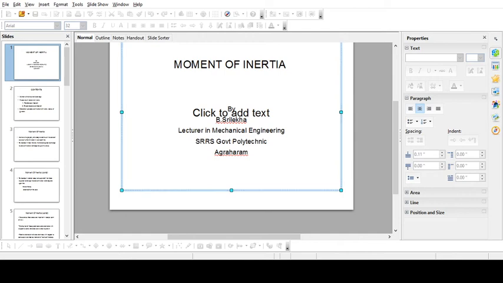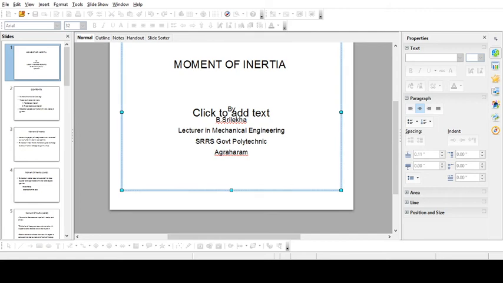So let us discuss the summary. In this class, what all have we learnt? We have learnt the centroid. Centroid is nothing but the center or the point at which the whole area of the body is said to be concentrated. Center of gravity is the point at which the entire masses of the body are said to be concentrated.